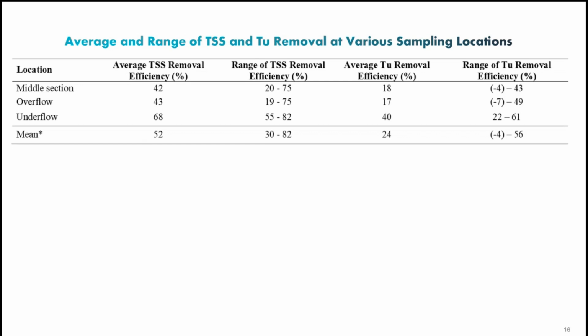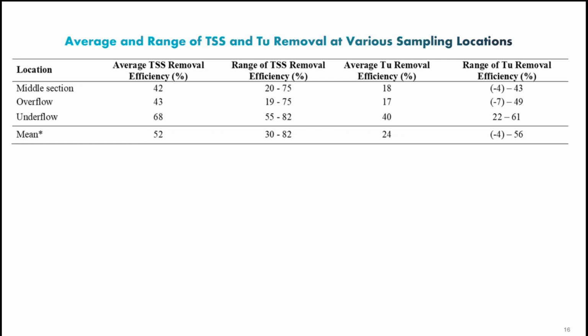And then for the turbidity, as you can see, the removal was much smaller compared to the TSS: 18% versus 42, 17% versus 43, and 40 versus 68. In the industry, in many cases, we use turbidity as a surrogate for suspended solids. It's much easier to measure turbidity. You put your logger, and in real time you can measure turbidity.